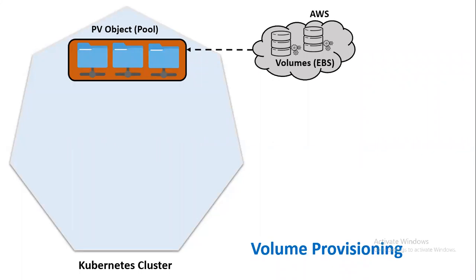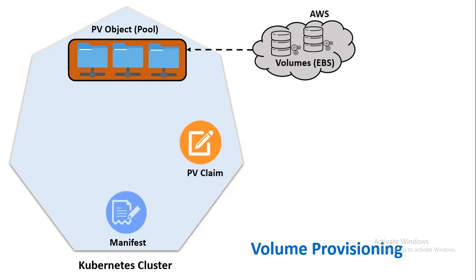But in Kubernetes, it is a two-step process. The first step is you create a storage, and based on that, you create a persistent volume wherein you will be having multiple objects created. Now, when you are trying to define your manifest file, which is your YAML for the pod, you need a persistent volume object.